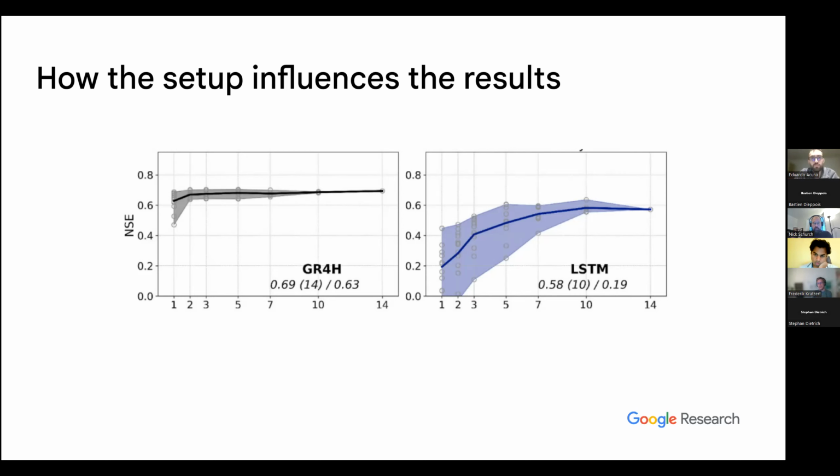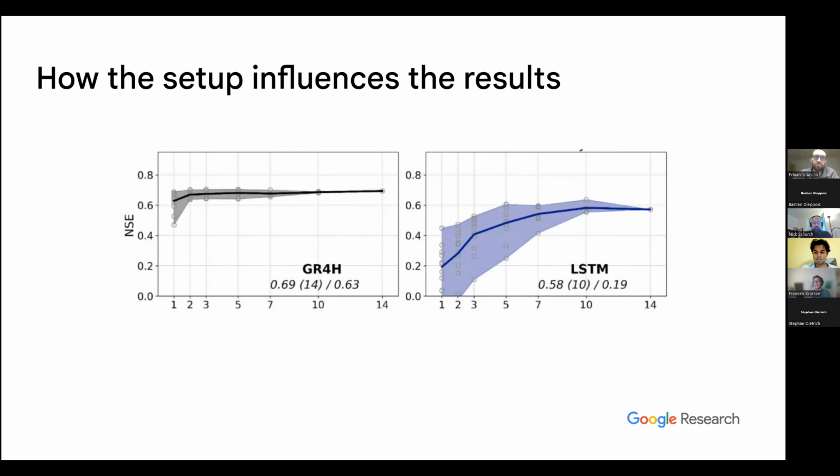So I picked one paper, and I don't want to mention the authors because I think it's not their fault. I was the reviewer of this paper, and what they basically did was compare the GR4H on hourly discharge prediction to LSTM and GRU on hourly discharge prediction. Their setup was that they trained these models individually for 6 different basins.